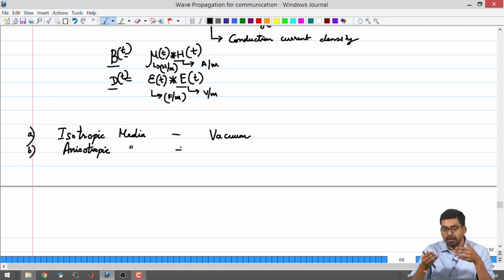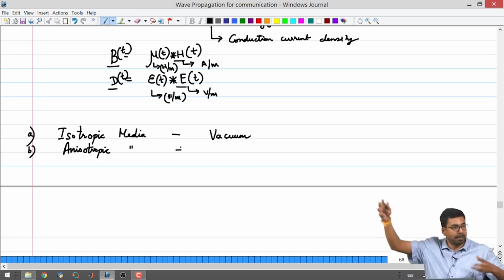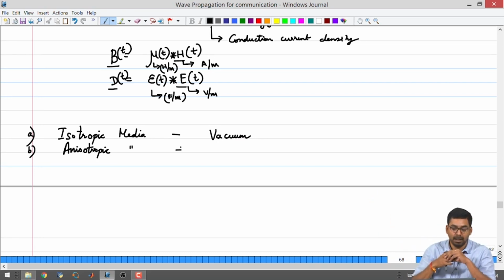So in some sense you can say that the density of the material in different directions is going to be different. Equivalently, the permittivity and permeability in different directions are also going to be different, because the atoms are farther apart in different directions. So anisotropic media are such media where along different directions you have different density of atoms.